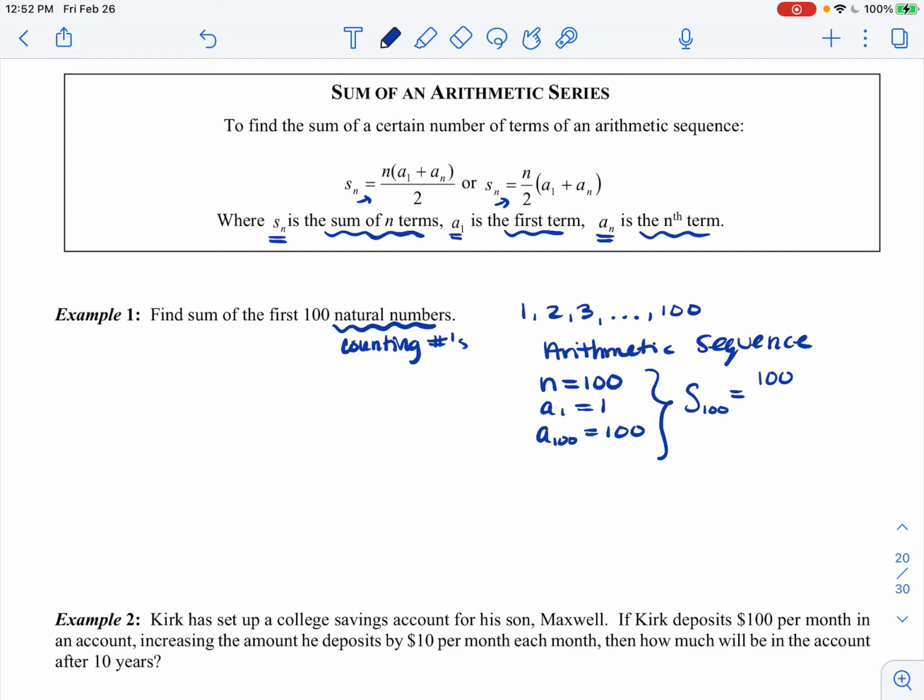I take n over 2, so there's 100 terms, so that means there'd be 50 pairs, and I'm going to take the sum of each pair. So I know that the first term and the last term create that common sum between all the pairs. So if you took 100 over 2, which is really 50, times 101, which is that common sum, you're going to get 5,050. So that's the sum of the first 100 natural numbers, or counting numbers.